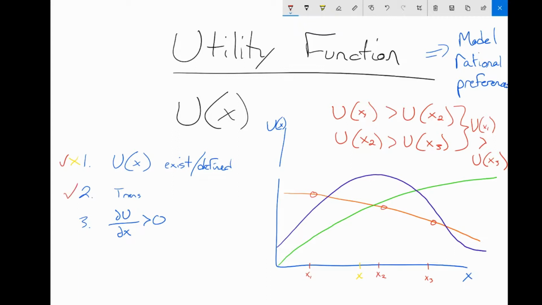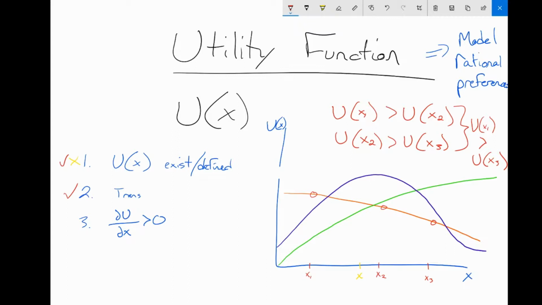All right, so this one works for this one. Now what about whether it's an increasing function? Right, so based on non-satiation, or like I said, more is better, the function has to be increasing. It means as x gets bigger, the function should get larger.